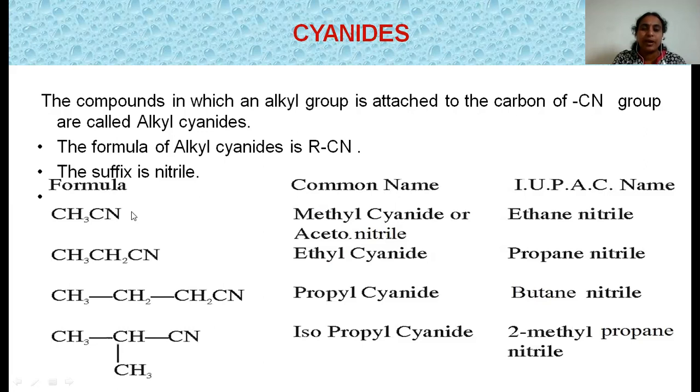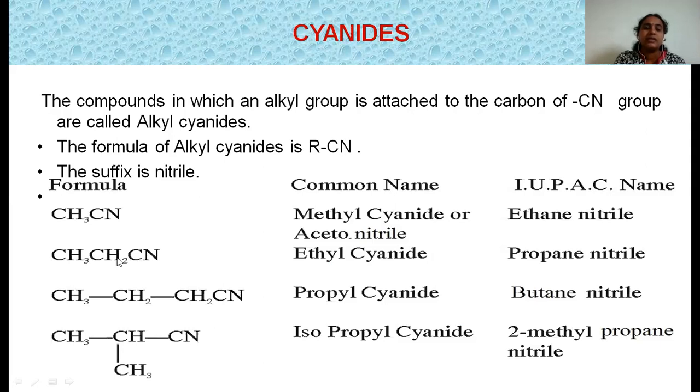If you see the IUPAC nomenclature, a total of 2 carbons are present. Whenever 2 carbons are present, we have to write ethane. Then the cyanide name is nitrile. So we have to add the suffix nitrile after writing the number of carbons. So ethane nitrile.